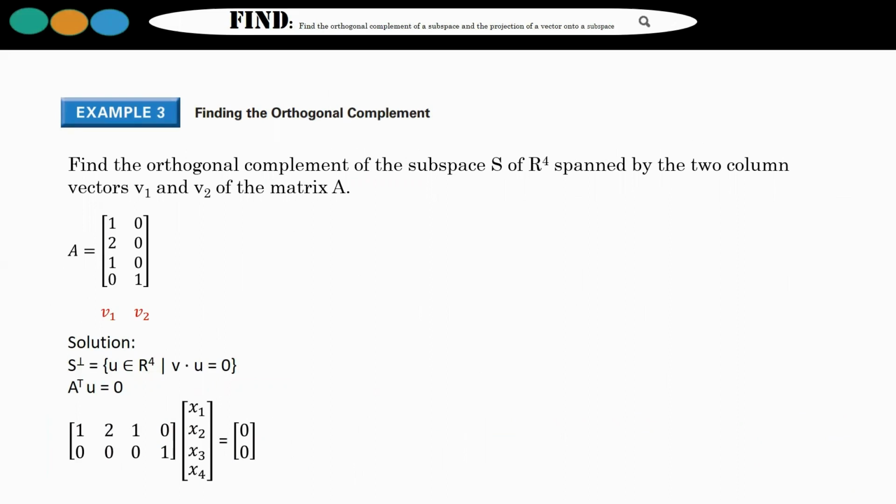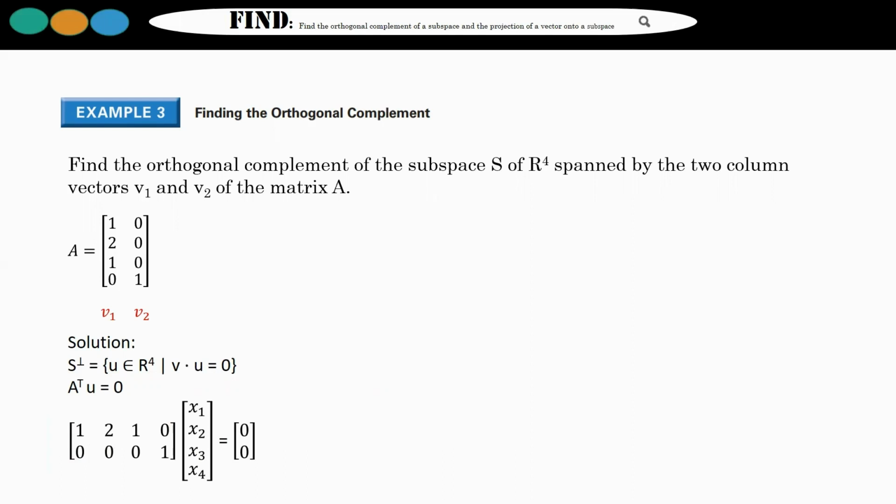For this solution, S perp is equal to U in R to the fourth power, where v times U is equal to 0. So here we need to find the transpose of A times U equal to 0.